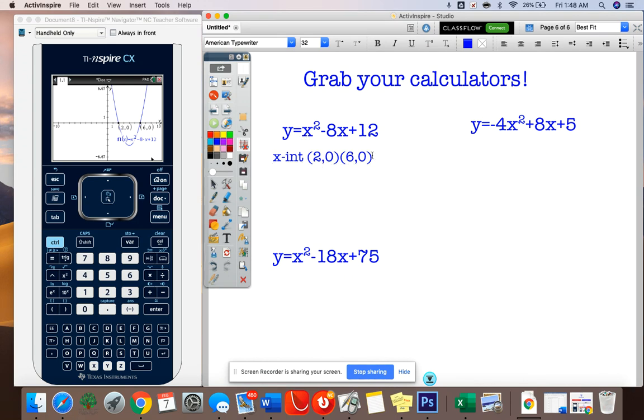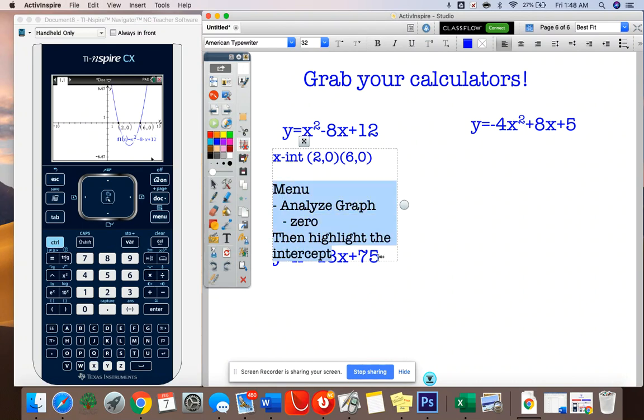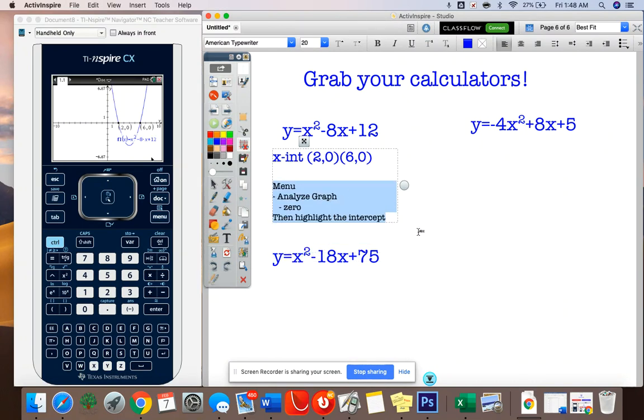So again, we're going to hit Menu, Analyze Graph, zero. Then highlight the intercept. Just so you have those written out to view later if you want to freeze it on the screen while you work.